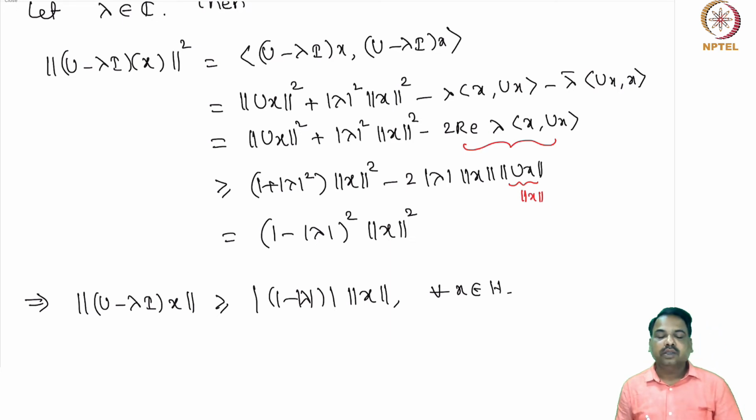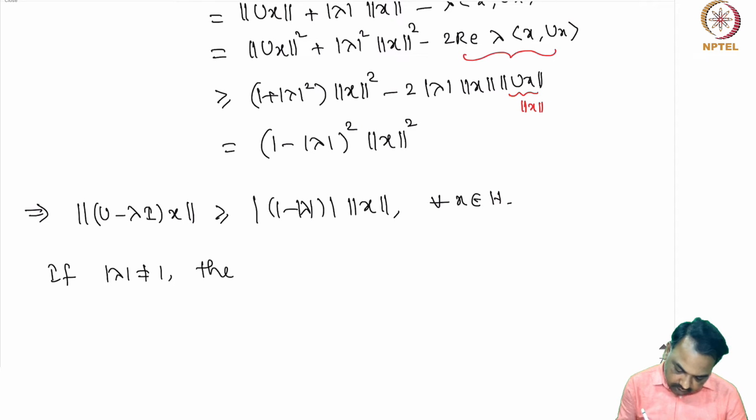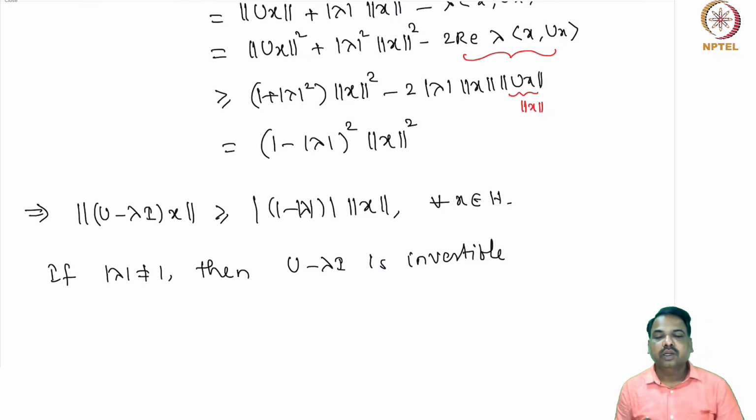So when mod lambda is not equal to 1, we can say that U minus lambda is invertible, bounded below. Now U is unitary, it is normal, so U minus lambda is normal.